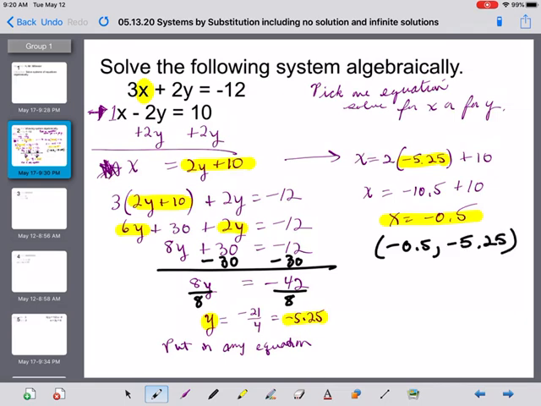Now remember, a way to check is to plug in the negative 0.5 for x and the negative 5.25 for y. So let's see. So you take these numbers and put them in up here in both equations.